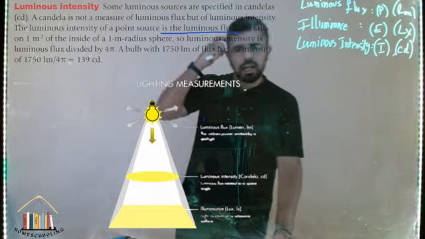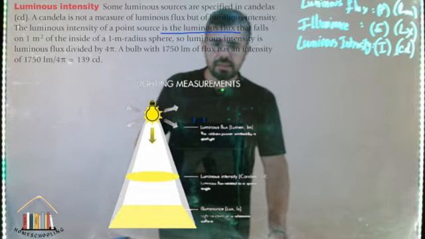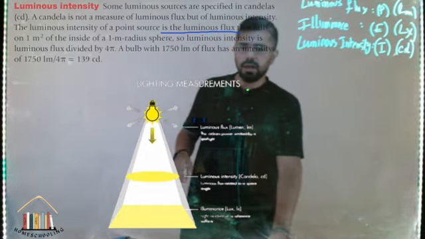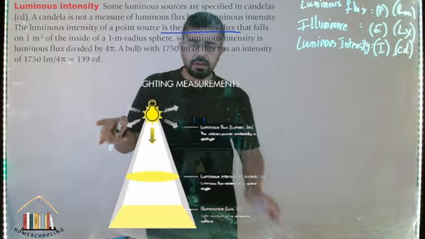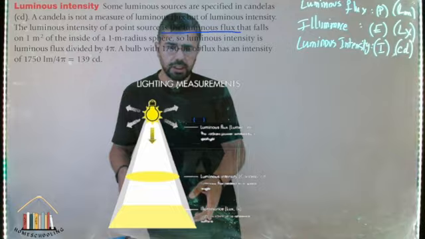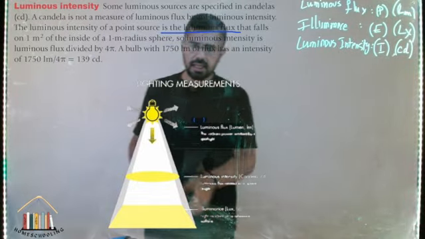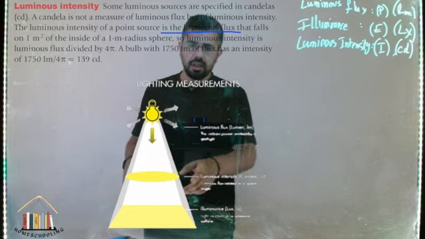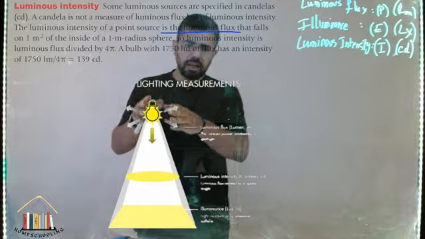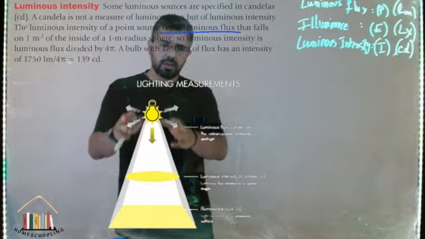So why are we talking about luminous intensity? This is because before reaching the object, which is about the illuminance E, there is something happening in the middle. The light is going in one direction, in a straight direction.